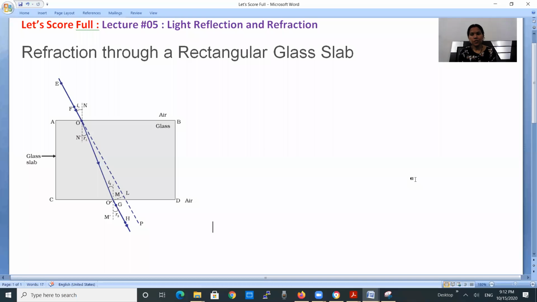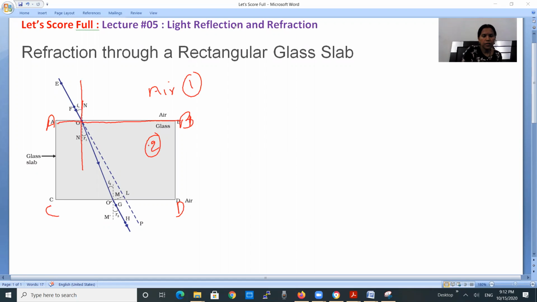Okay. So if you understood the definition, see here how the refraction happens through a rectangular glass slab. Here we have a rectangular glass slab whose outer boundary is A, here B, and then C and D. So suppose the outer medium is air, that is medium 1, and the second medium we have glass, and consider that as medium 2. And on surface AB, one normal is there, N dash.